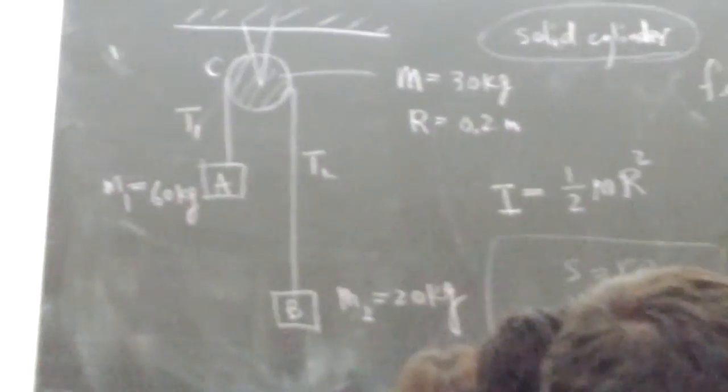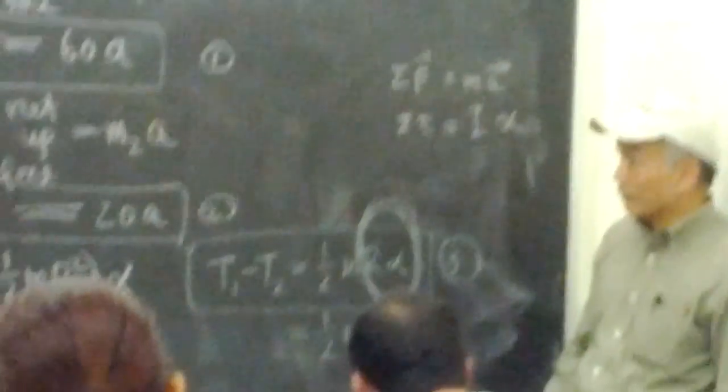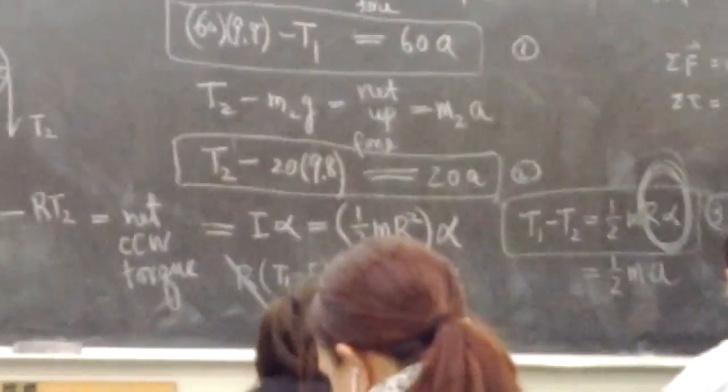So in other words, this here is nothing but the acceleration A, so you have the half and A. I have used the fourth equation, which says that A is equal to R alpha. Many times people forget that there's such a relationship.